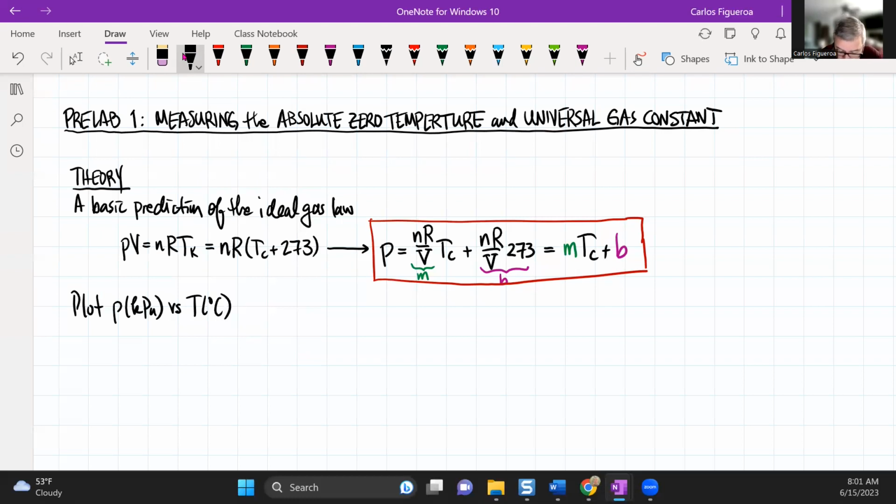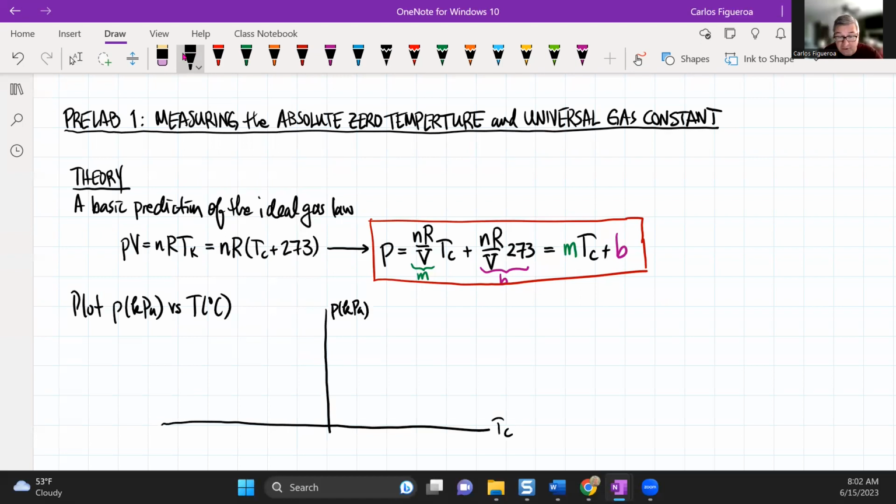And what you're going to find is that you're going to get a curve that looks like this. Again, we want to measure in kilopascals. If you don't measure in kilopascals, it turns out that your line in Sheets or Excel is going to be terrible.